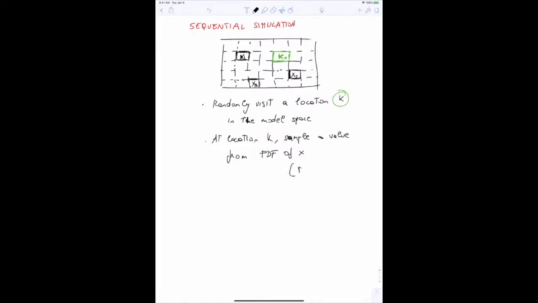So this is the random sampling component of the method. Then we move to the next location, K plus 1. And we do exactly the same, but we use the previously simulated values to condition the new simulation.